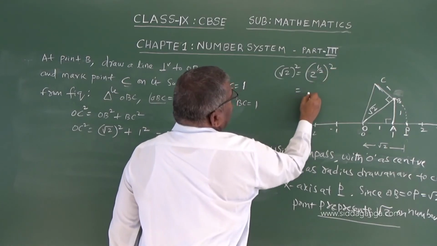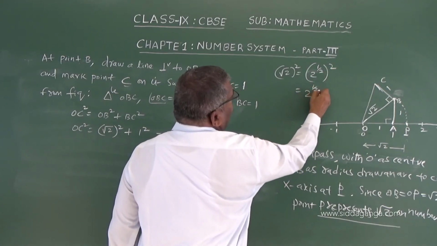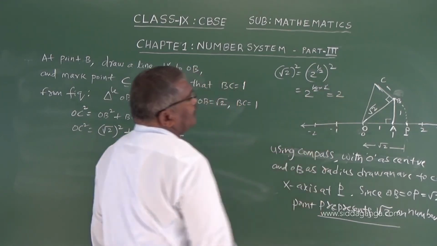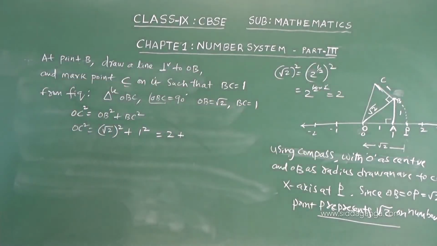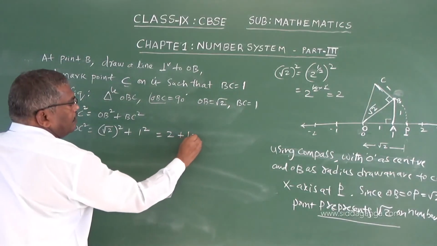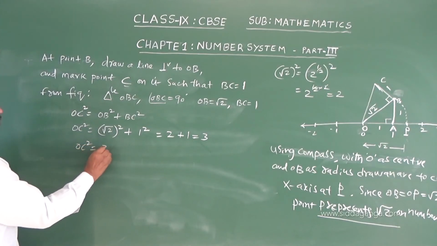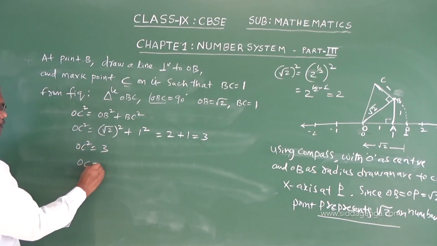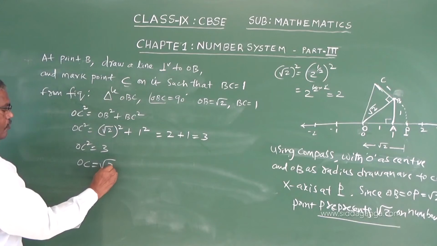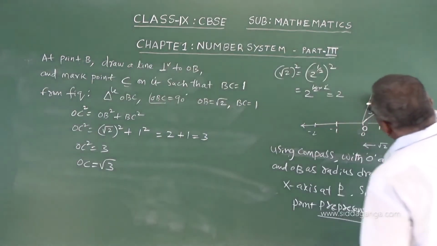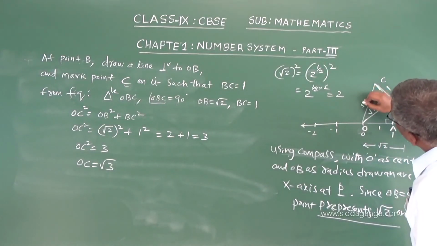This is 2 to the power 1 by 2 into 2, the 2 and 2 cancel, we will get 2. So this is 2 plus 1, that is equal to 3. So OC square is equal to 3. OC will be equal to root 3. So we have found out the distance OC is root 3.